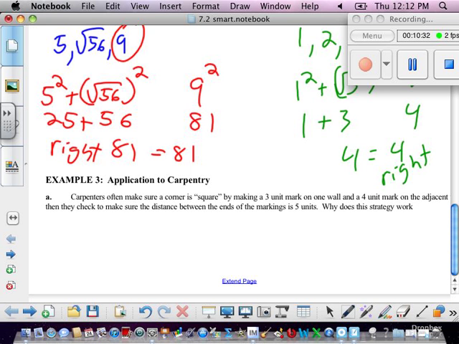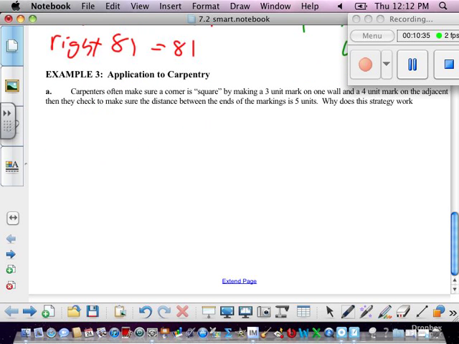So a carpenter often makes sure a corner is square, and when they say square, it means 90 degrees, by marking a 3-unit mark on one wall and a 4-unit mark on the other wall. And then they check to see if the distance is 5 units.